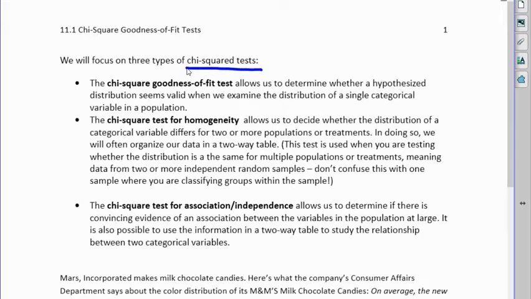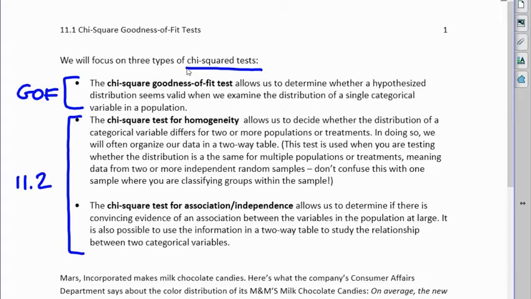They are divided into what we're going to be doing today, which is the chi-squared goodness of fit test, a lot of times abbreviated as goodness of fit. And then next class in 11.2, we'll be looking at the chi-squared test for homogeneity and the chi-squared test for association, independence. Those two tests are actually done in the same manner.